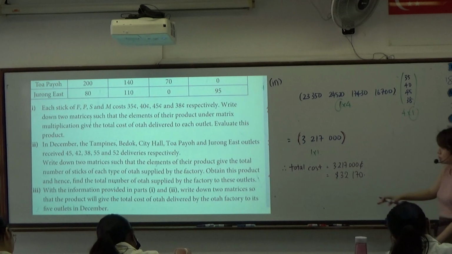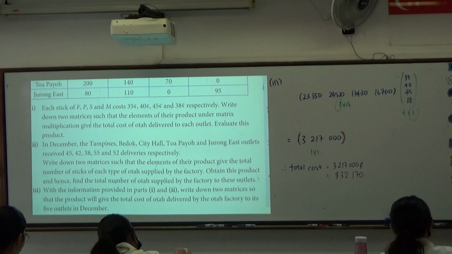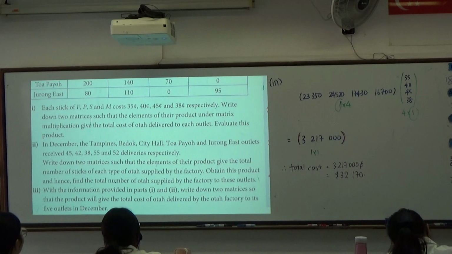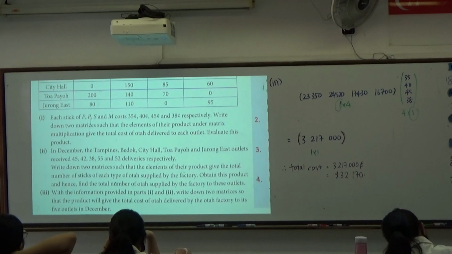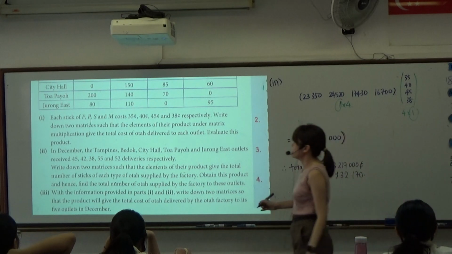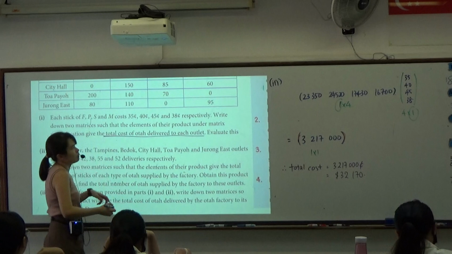I want to show another different method that we could do, also using part 1 and part 2's solution. Recall that in part 1 itself, we found out the total cost of otah delivered to each outlet.